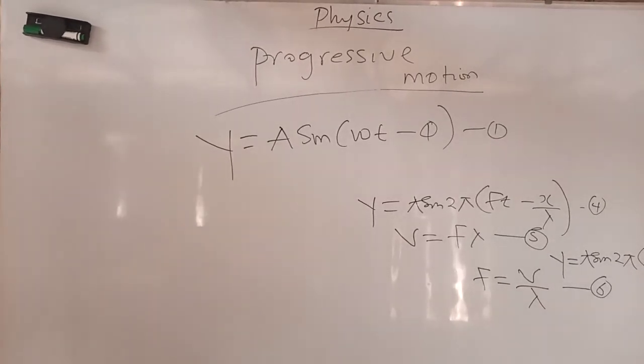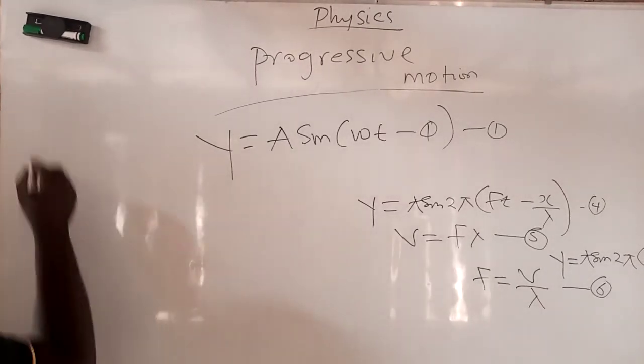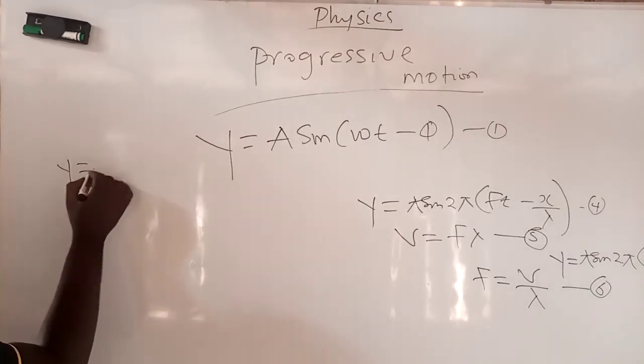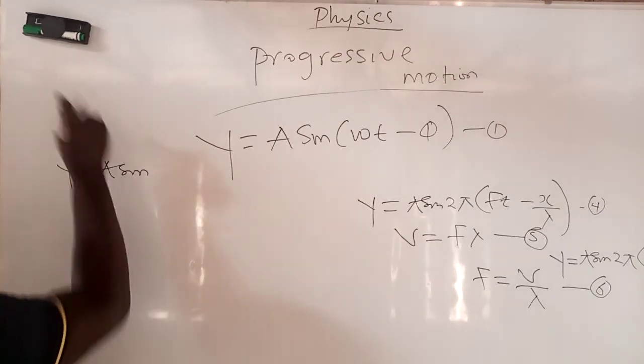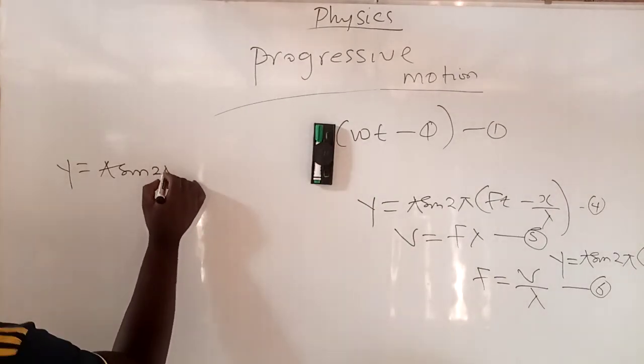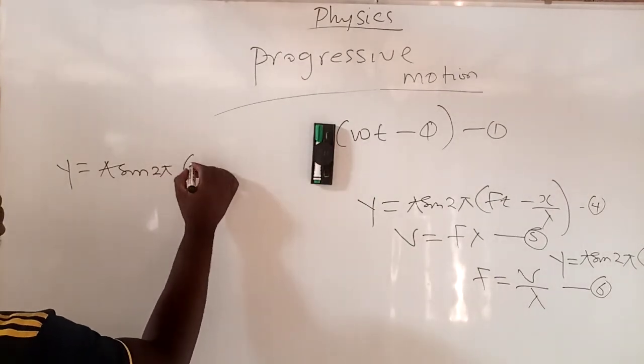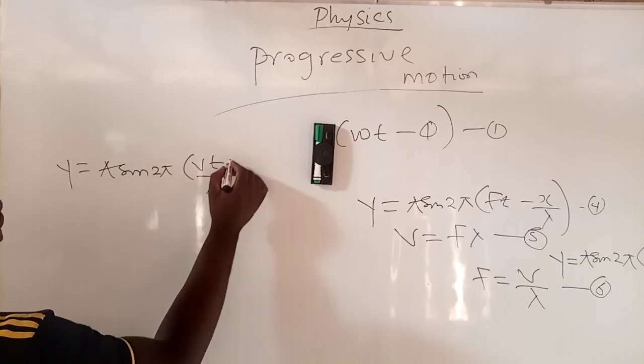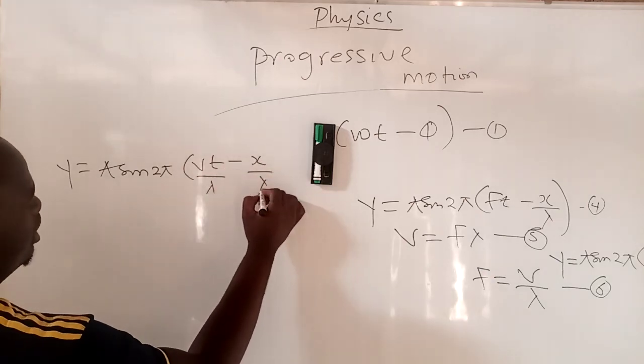Remember from the equation here, we have y equals A sin of 2π into vt all over λ minus x all over λ.